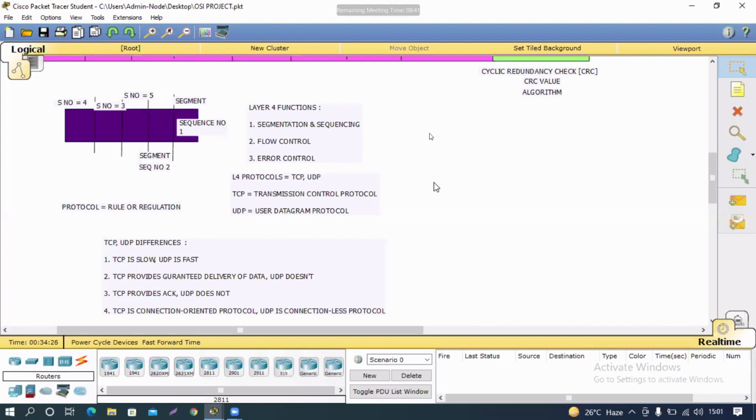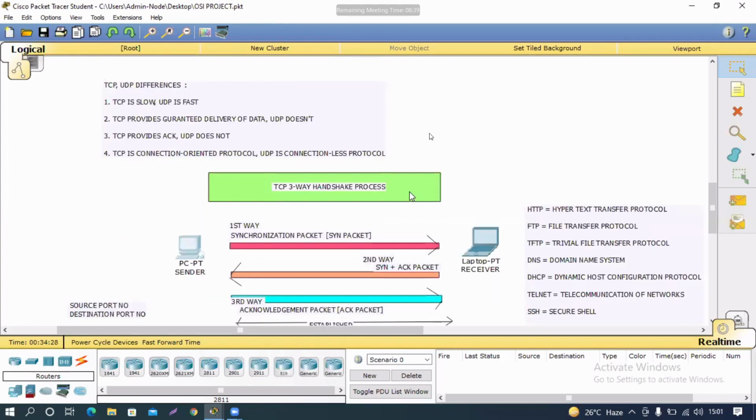And error control simply means that whenever you are sending information, let's say you are sending a packet from this machine to this machine, and this data contains errors, meaning the system cannot identify what exactly this is. If the system identifies that there are errors in the data, the transport layer will perform retransmission, meaning this machine's transport layer will inform the other machine's transport layer to send that information again.